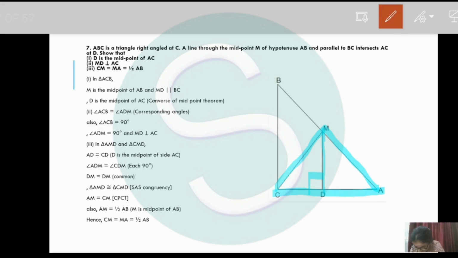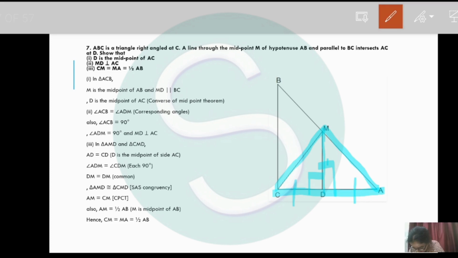Secondly, since this is 90 degrees, by linear pair this is also 90 degrees. And since D is the midpoint of AC, as we proved in the first part, this side is equal to this side.